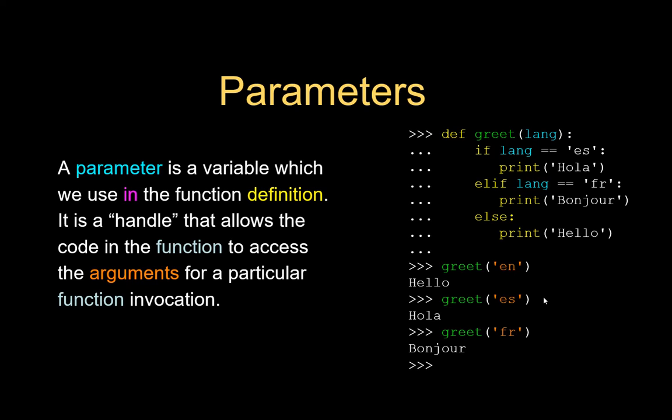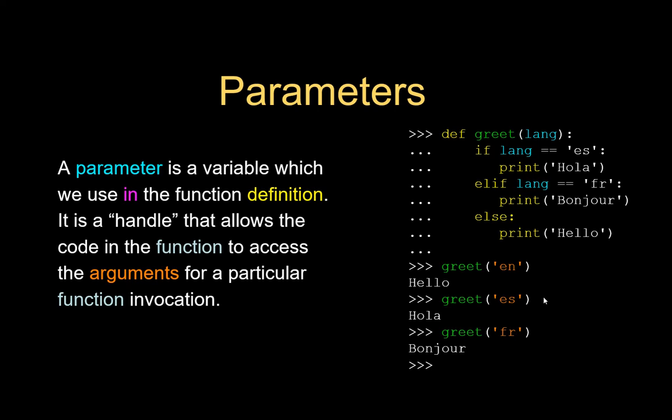We're going to talk about parameters. A parameter is a variable which we use in the function definition. It's a handle that allows the code in the function to access the argument for a particular function invocation.